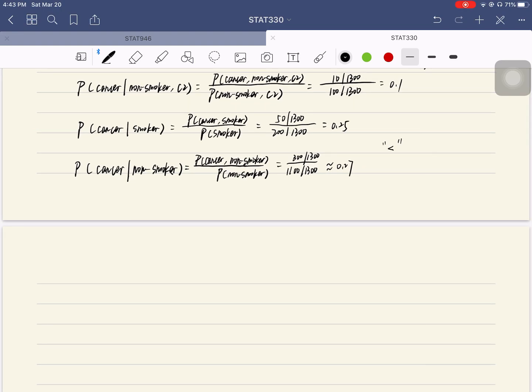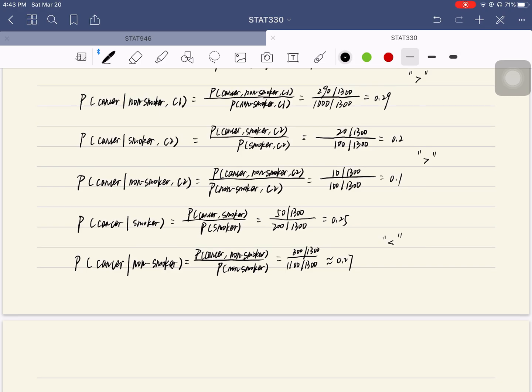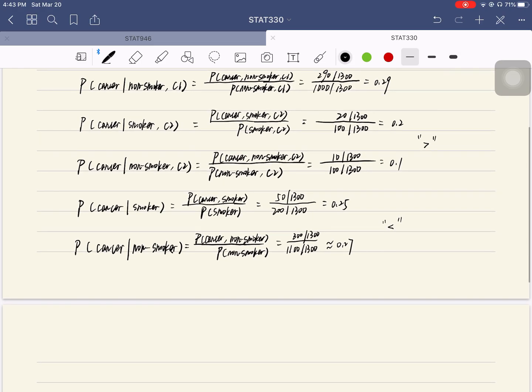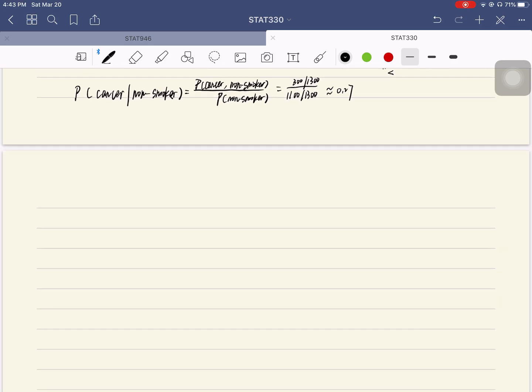The result from the subgroups is not consistent with the result from the whole group.